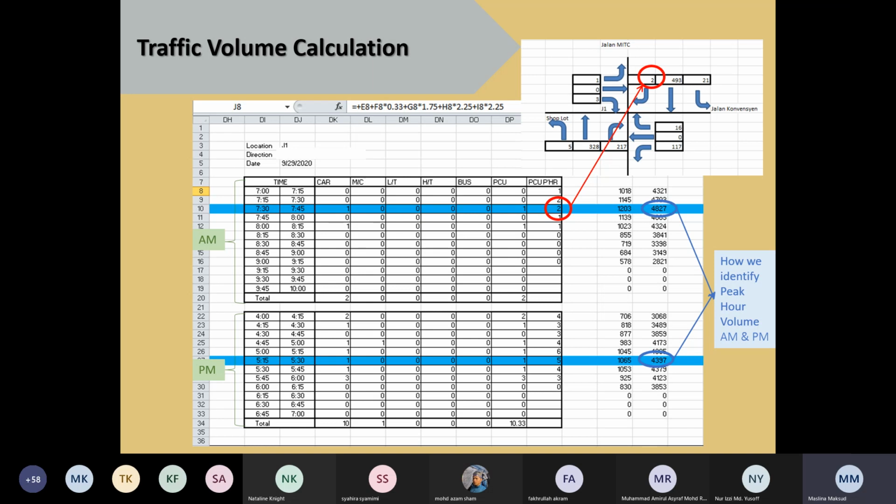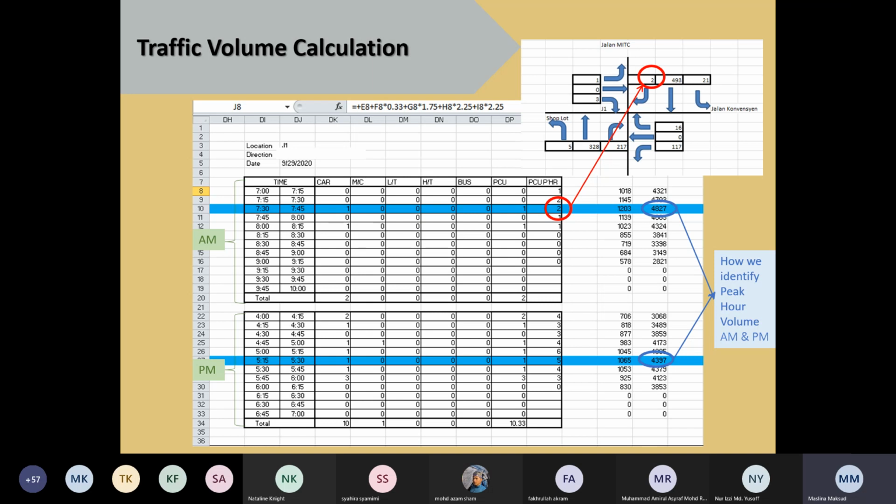After we get the highest volume of all junctions, we can identify our AM peak hour, which is 7:45 to 8. Sorry, I cannot see it myself actually. So the blue line is our AM peak hour and PM peak hour.